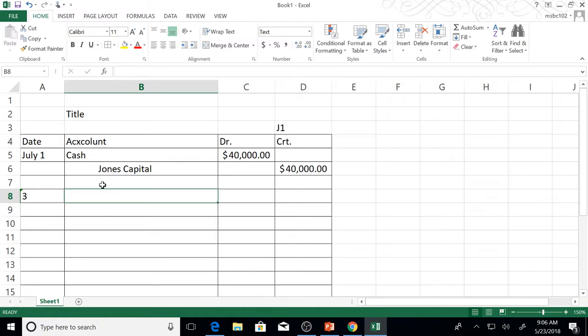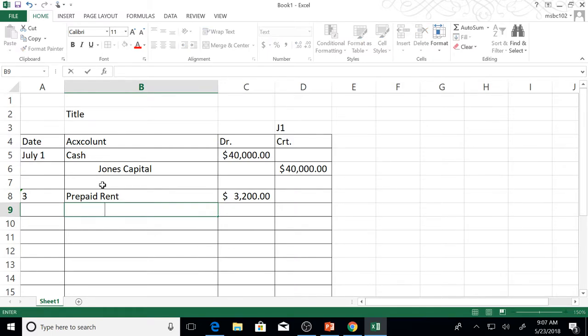All right? And so on the 3rd, I would do it like that. I do prepaid rent. Under the debit, I put how much? 3,200. And I credit what?